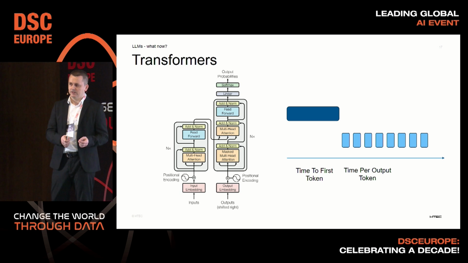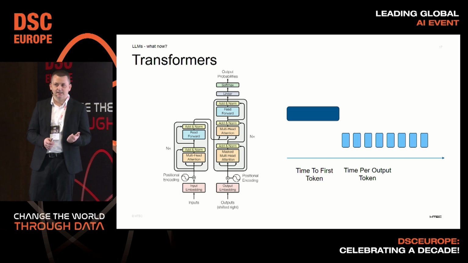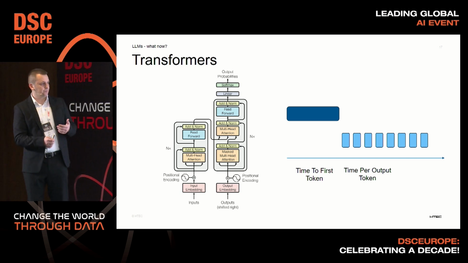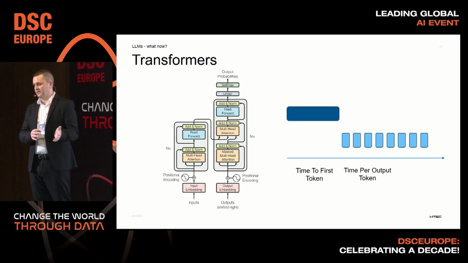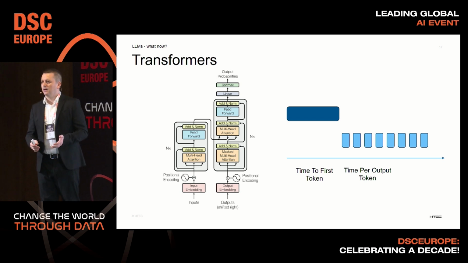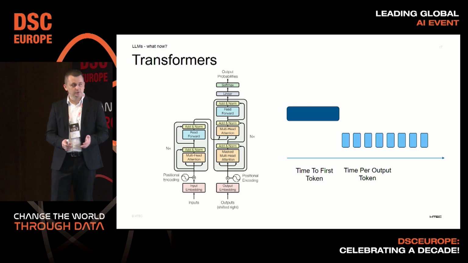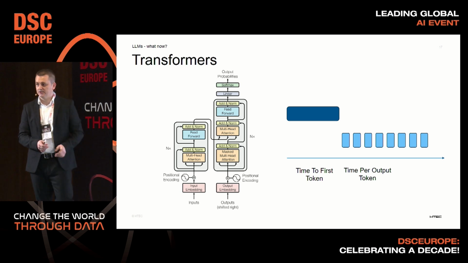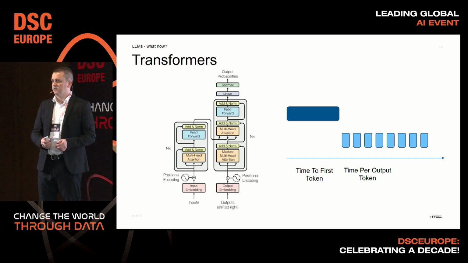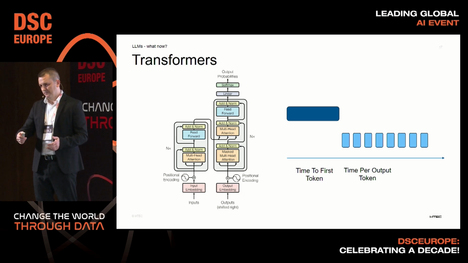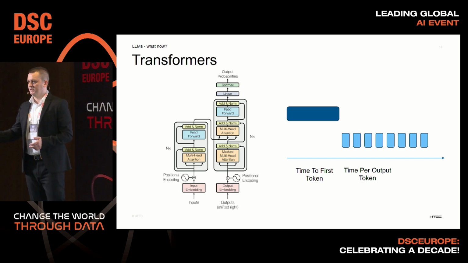Another metric that you may hear for these LLMs is the number of tokens per second. We have two different stages, prefill and decode, and they can be quite different. I would also like to mention some metrics shown on the right side. Time to first token is the time until you get the first response from your model.